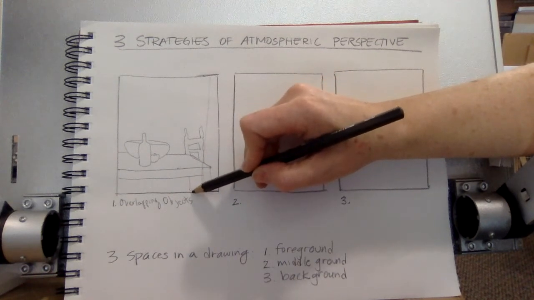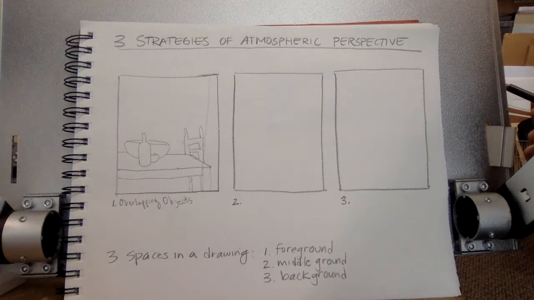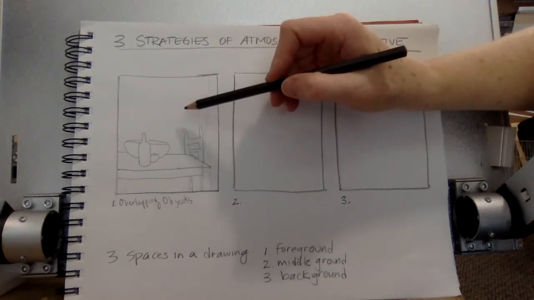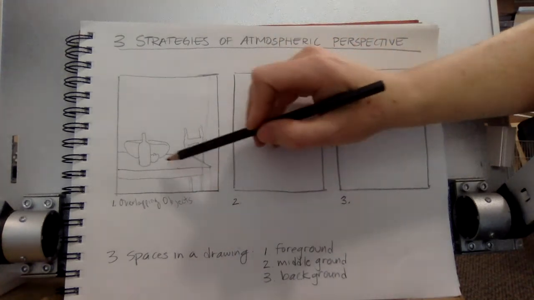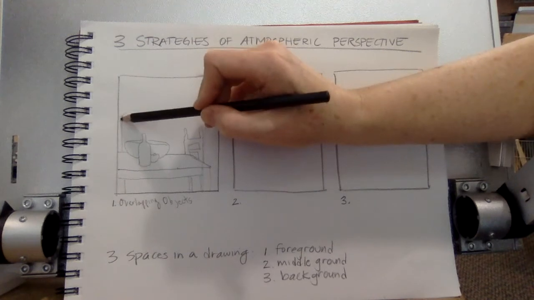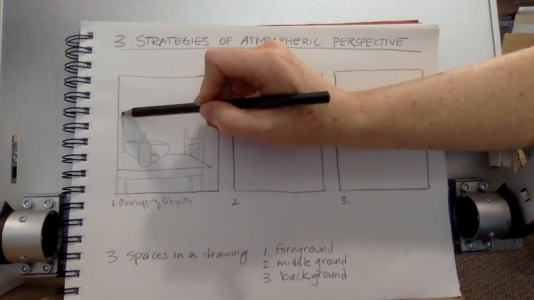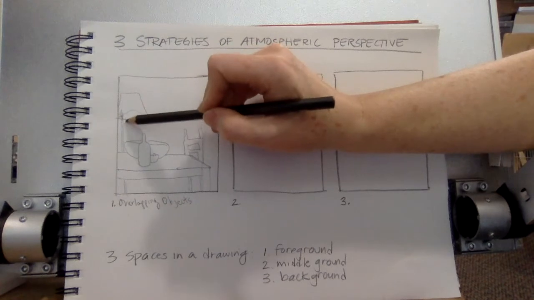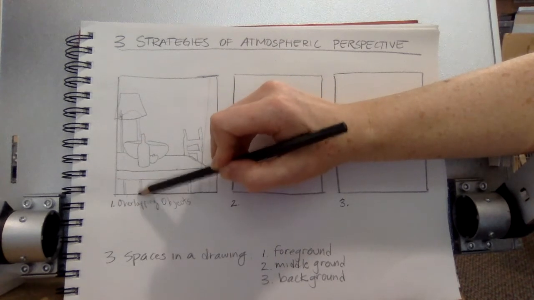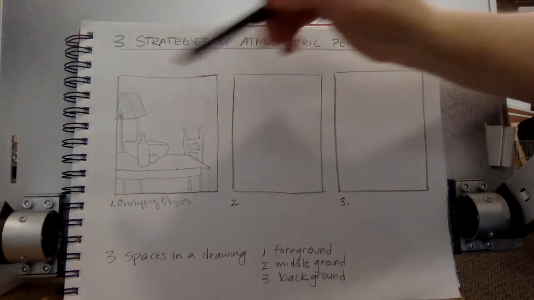Maybe there's a wall behind the table and chair, and there's something on the floor behind there, like a lamp, a floor lamp. And maybe behind that on the wall, there's a picture or a clock or something.